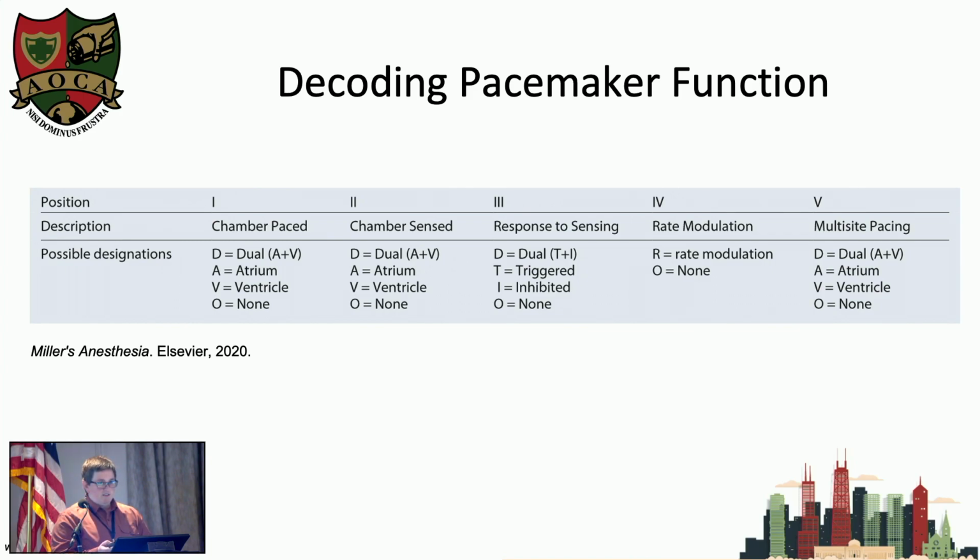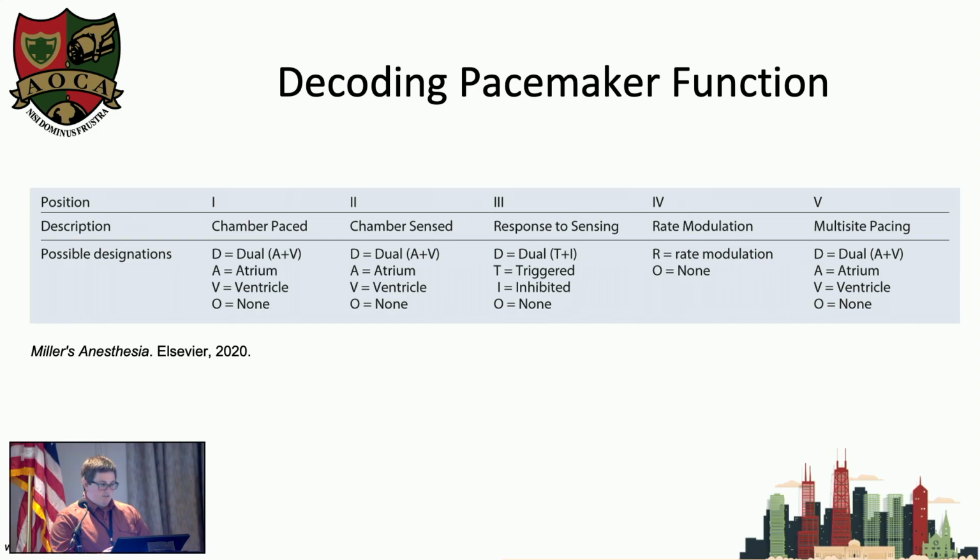It's not going to pace the atrium, it's going to wait for a period of time. If the ventricle fires on its own because of the native AV conduction of the patient, it's going to inhibit the device, so it's not going to activate ventricular pacing. And if after a period of delay the ventricle hasn't gone off on its own, it's going to pace the ventricle, so you'll get AV or dual chamber pacing.